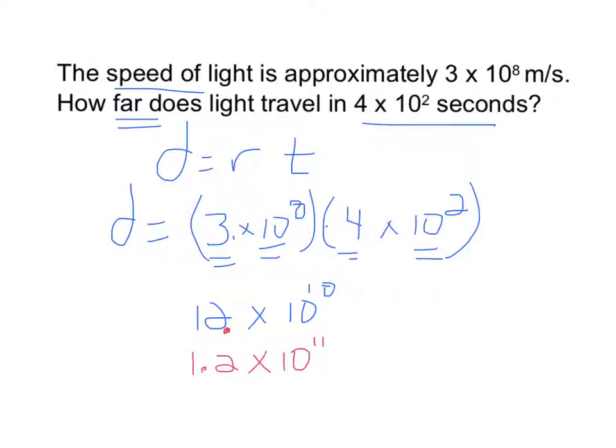Or the other way to think about it is I needed to go this way 10 places to get it into standard form, and then to put it back into scientific notation, I needed to go that 10 plus one more spot. So 1.2 times 10 to the 11th meters is how far it would travel in that number of seconds.